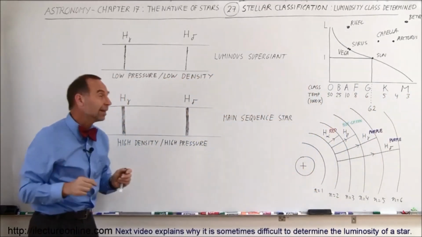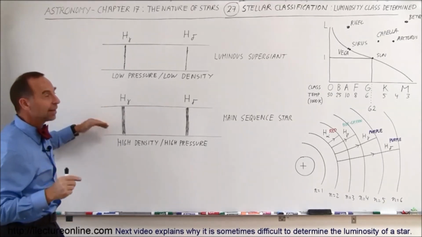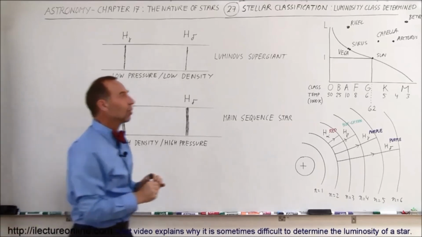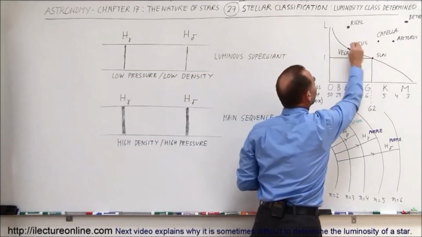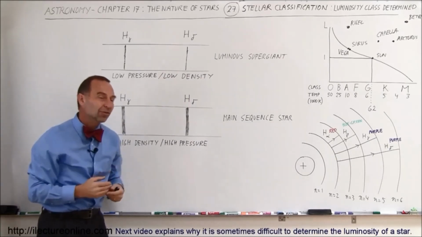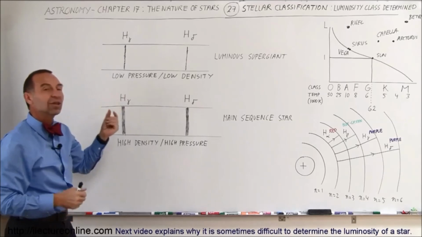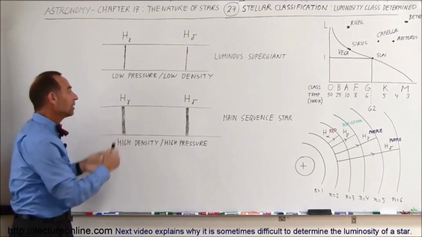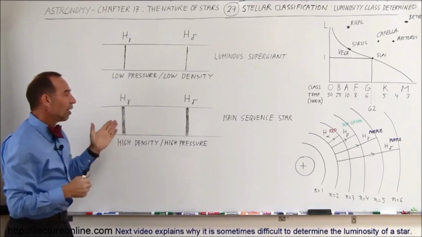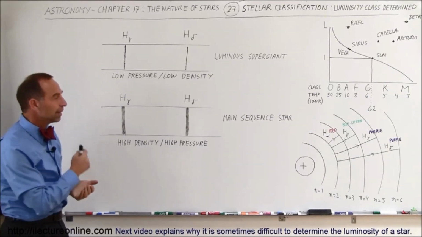But we're able to do that, and from that we're able to determine what type of luminosity class we're looking at, and therefore we're able to place the stars we're looking at exactly on the HR diagram as they should be, based upon the determination of the luminosity classes, based upon how well the spectral lines are visible on the spectrum. And that's how we do that.